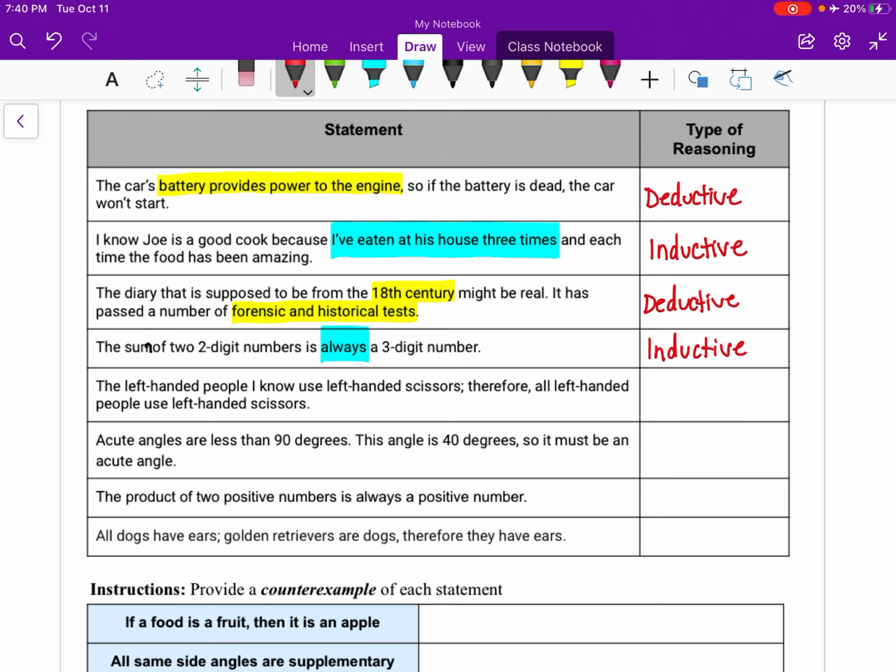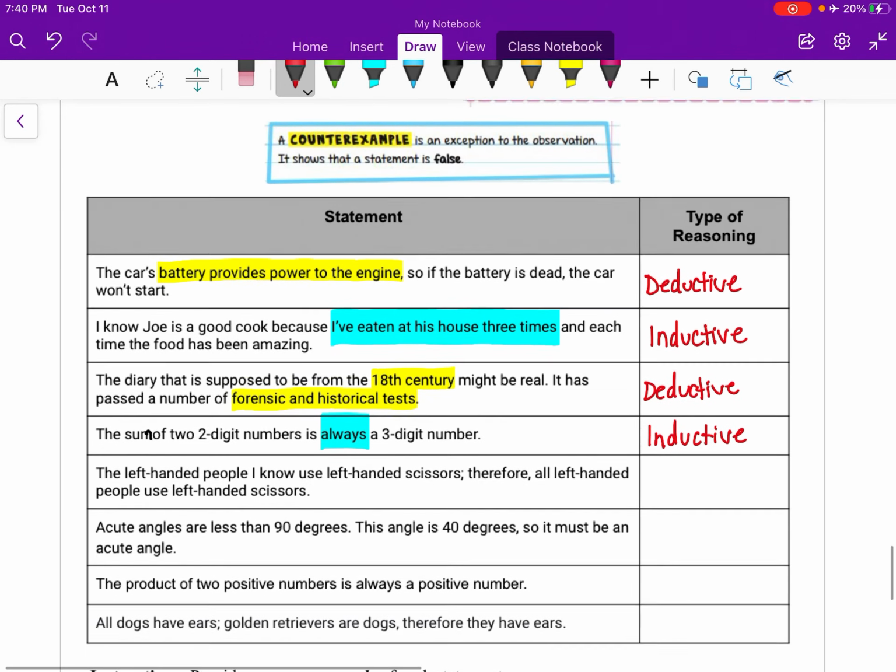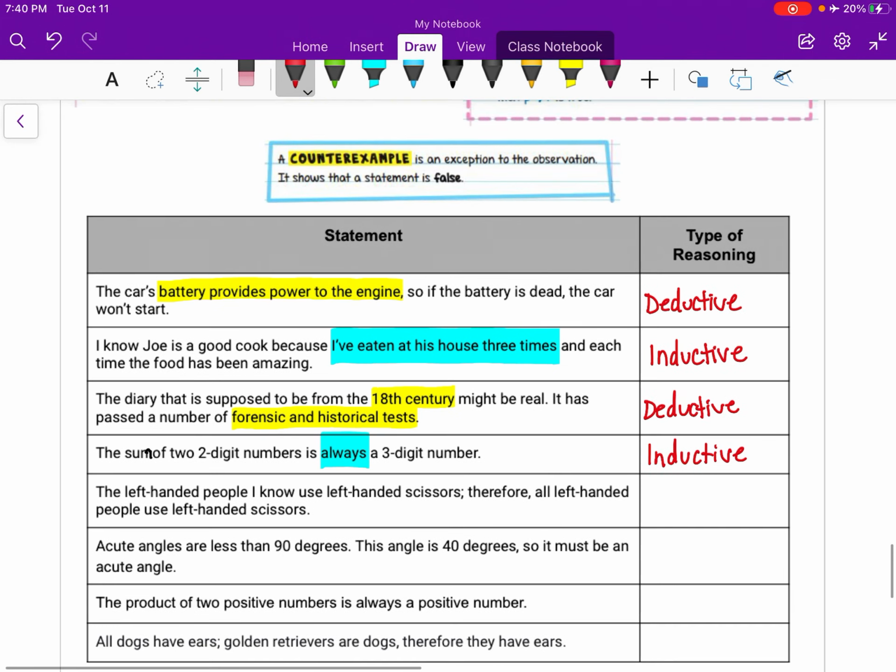So now that we've talked about deductive and inductive reasoning, let's talk about another type. The third and final thing that we're going to talk about today is a counterexample. A counterexample is something that proves as an exception to the observation, and it typically is there to show that a statement is false.